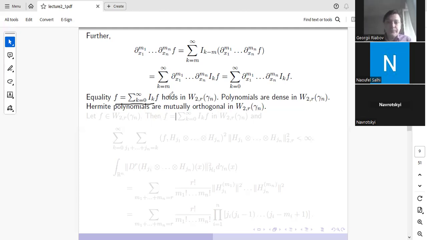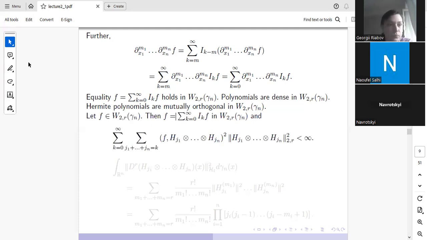This means that actually Hermite polynomials form an orthogonal basis in the Sobolev space. It is not an orthonormal basis, but it is an orthogonal basis. This means that for a function from the Sobolev space, such a series must converge.